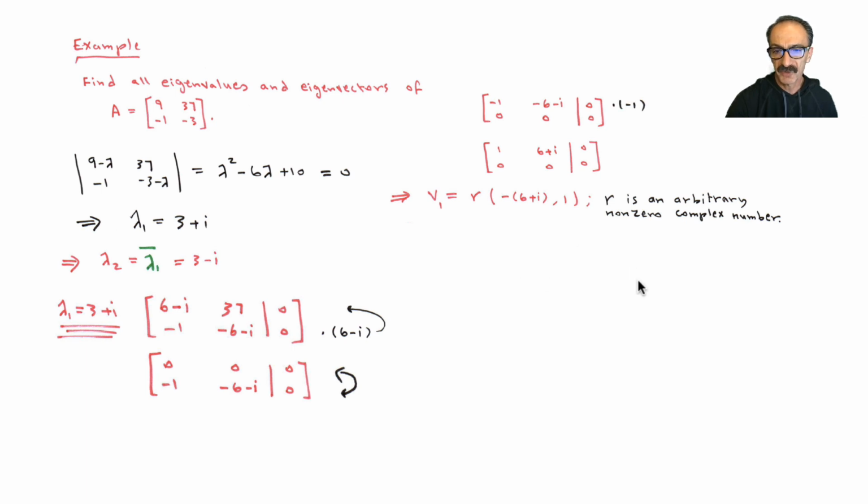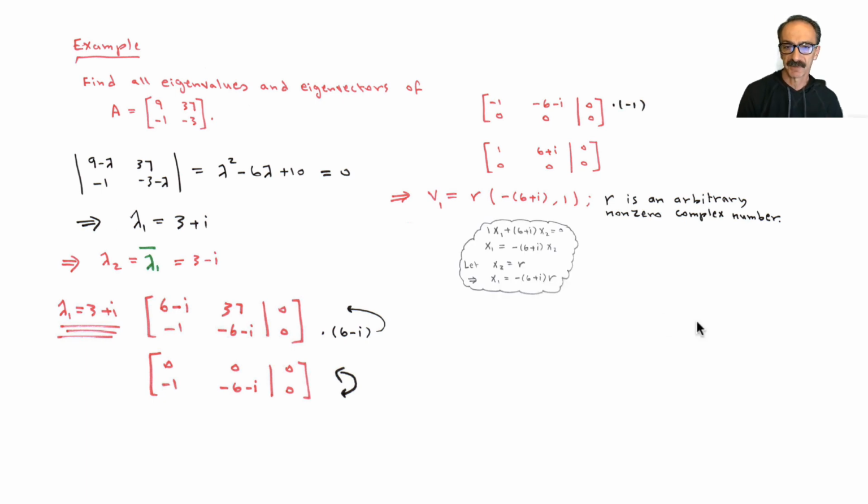You move it to the other side, so x1 equals minus, that's the minus 6 plus i. You could distribute the minus. I'll show that at the end as a comment. You don't have to, but that's an option. Here's more if you need steps. Alright.